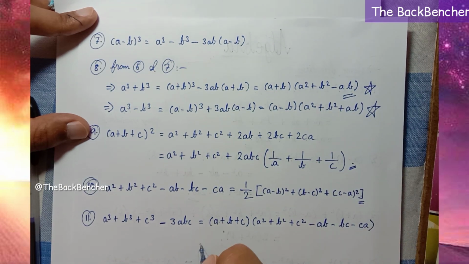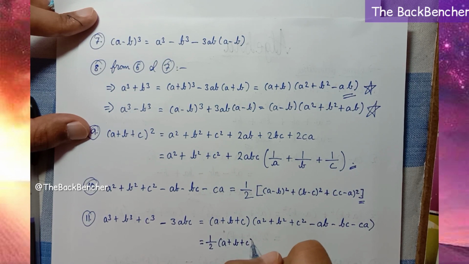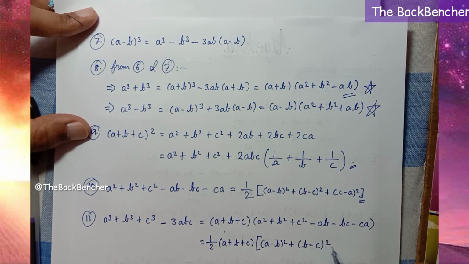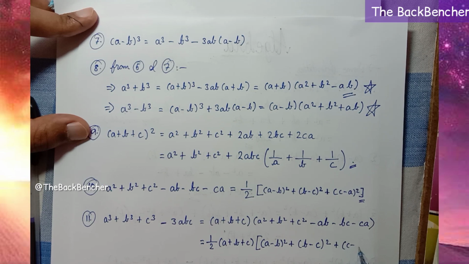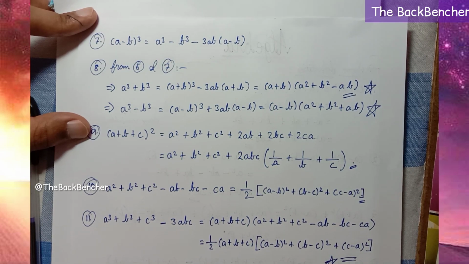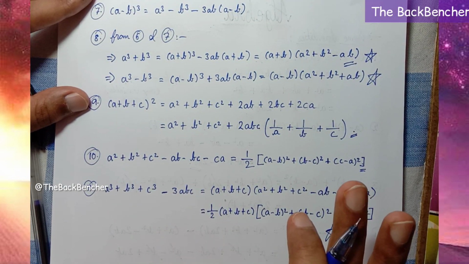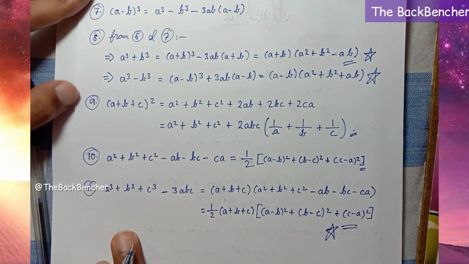Further simplifying it, we will get 1 upon 2 (a+b+c), and in the whole bracket, after simplifying the 11th equation, (a-b) whole square plus (b-c) whole square plus (c-a) whole square, and the whole bracket closed. Okay, this 10th and 11th equation is important only for theoretical examinations. Further we will simplify it for the competition level examinations like SSC, CGL and CPO, and many others.